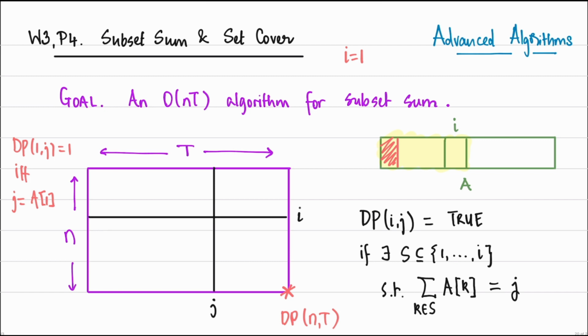Okay, so let's take a moment and think about what's going on with the semantics. We are asking ourselves if the first i elements admit a subset which adds up to j, and since we want to leverage our knowledge of subproblems, a natural question to ask ourselves is if the ith element actually participates in this subset or not, right?